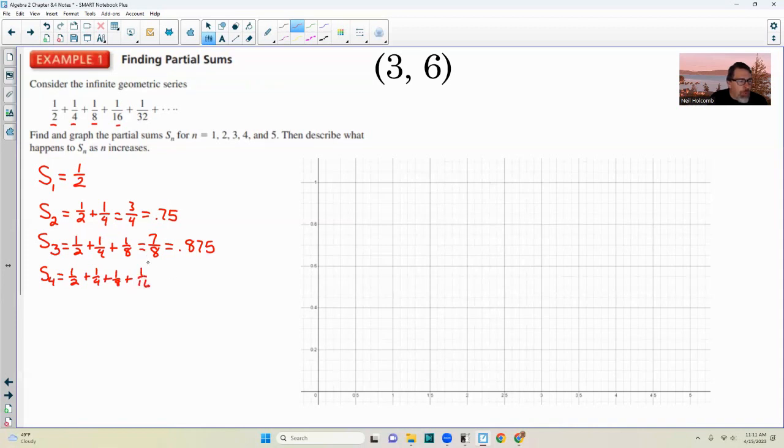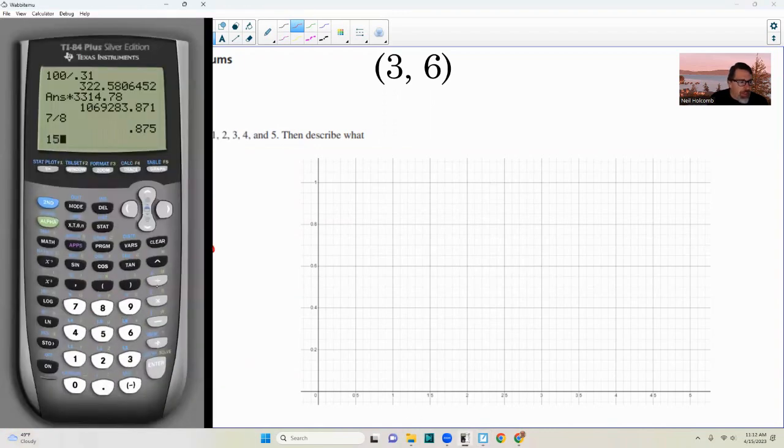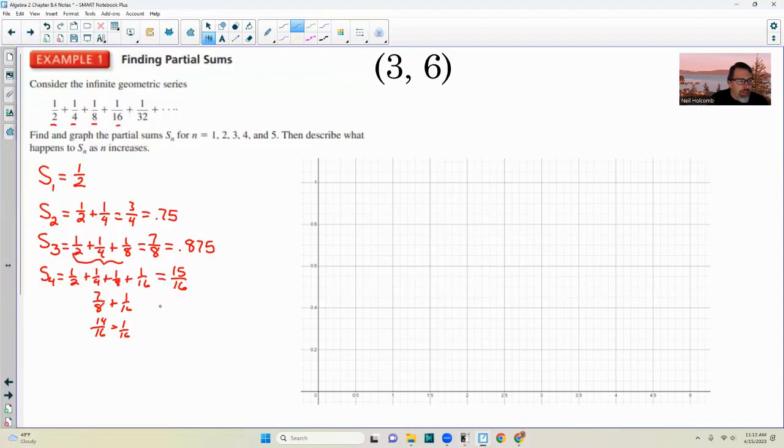What we're really doing is adding 7/8, because that's what these three are. So this is the same as 7/8 plus 1/16, which is 14/16 plus 1/16. That equals 15/16. And if I take 15 divided by 16, I get the decimal 0.9375.